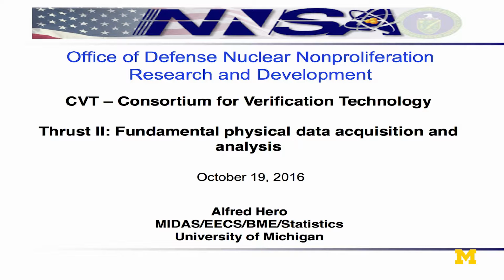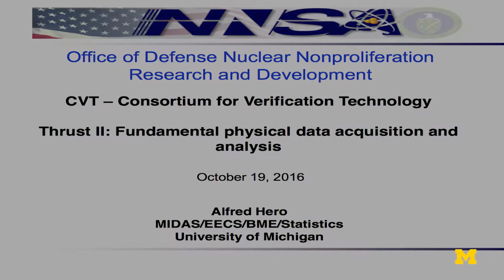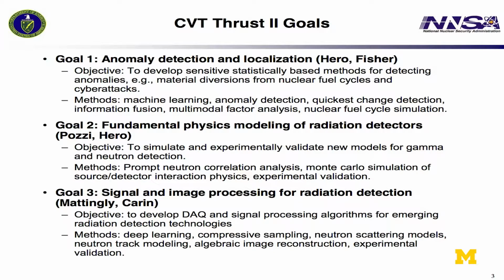So Thrust 2 goals, we're basically an analytics team. If you want to look at it from the point of view of the types of fundamental capabilities we're trying to build in terms of modeling and building algorithms to effectively perform anomaly detection for diversions or other types of anomalous activity localization.